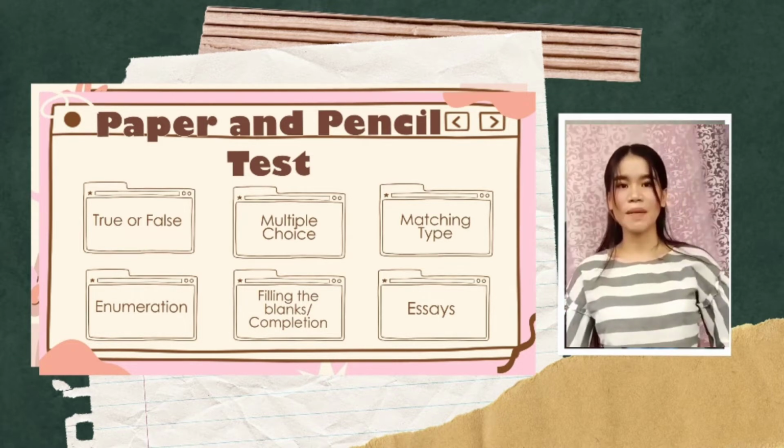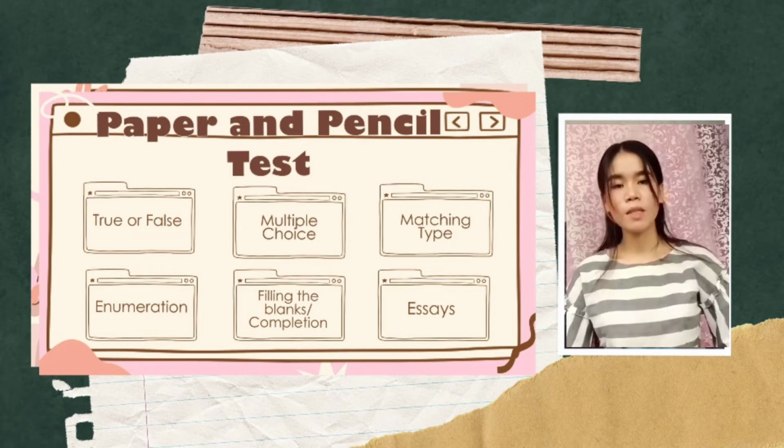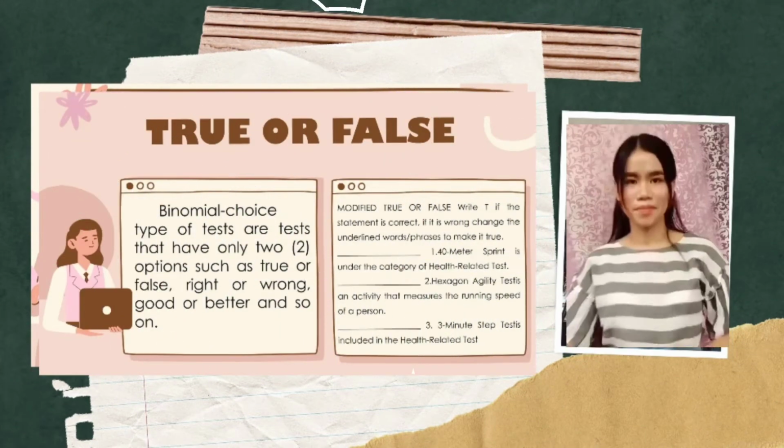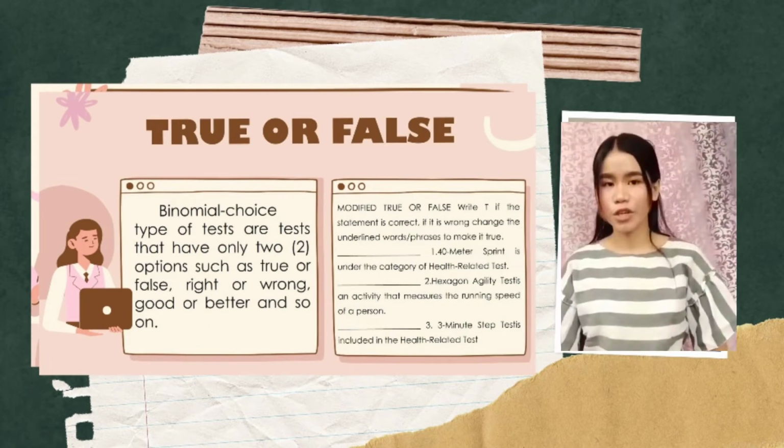Selected response types include true or false, multiple choice, and matching type, and the constructed response types include enumeration, completion, or essay. The first one is true or false.